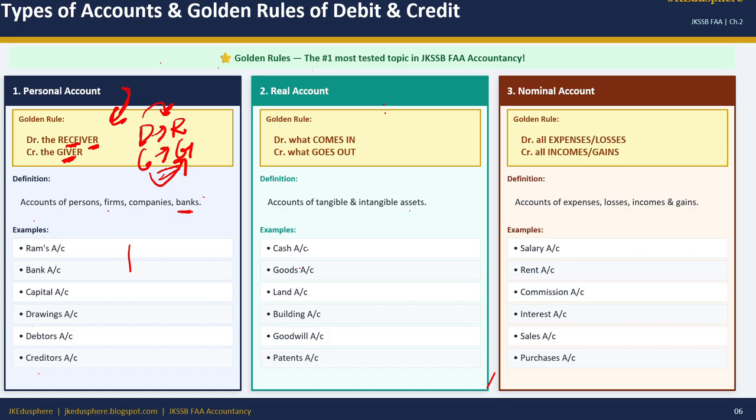And in real account, what is the golden rule? Debit what comes in, credit what goes out. In nominal account, what is the rule? Debit all expenses and losses, credit all incomes and gains. This is easy in comparison.